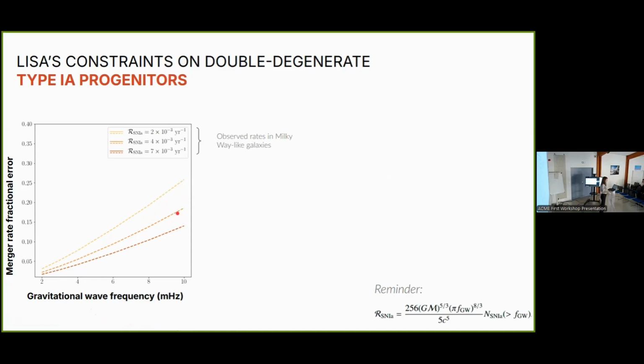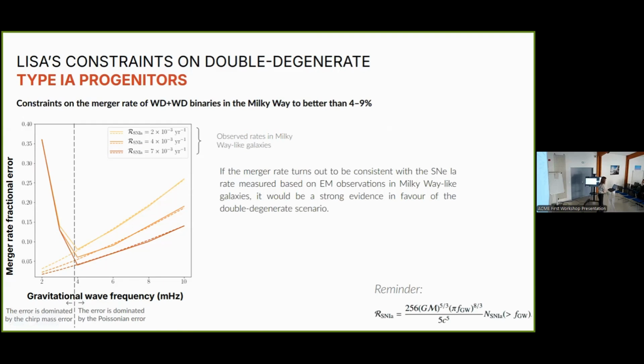And if we add on top of that the measurement of the chirp mass, which dictates when the binary will merge, we have these solid lines. At around 4 millihertz or so, we have a sweet spot where we can measure merger rates to a few to several percent. And the idea is that if that is comparable to type 1a rates in external galaxies, that would be a strong indication that this is a double degenerate scenario.